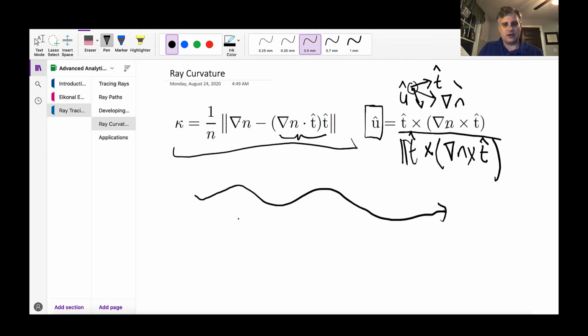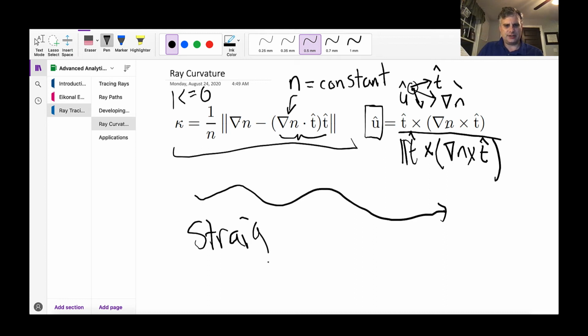Now, of course, not all media are complicated. If n is a constant, I have a homogeneous medium, then the gradient is going to be 0, and kappa is going to be 0, which means straight rays.